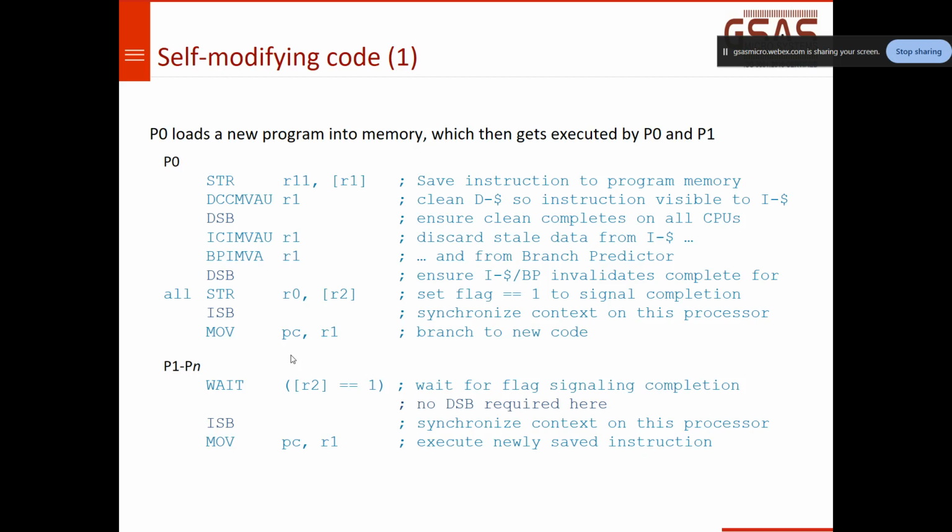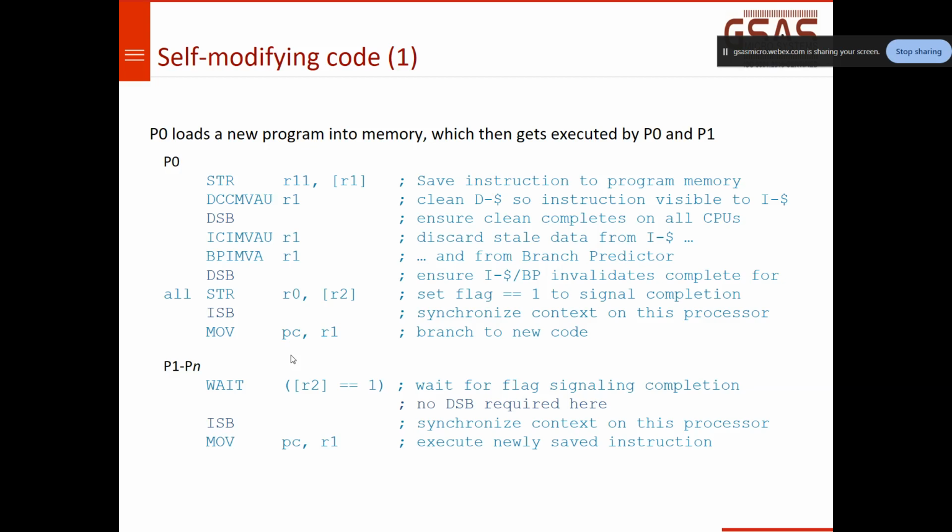Then we are cleaning the data cache, because of the same address to which we are loading the new program. DSB will ensure that the data is written, and that the specific memory address to which we are loading the program is clean.